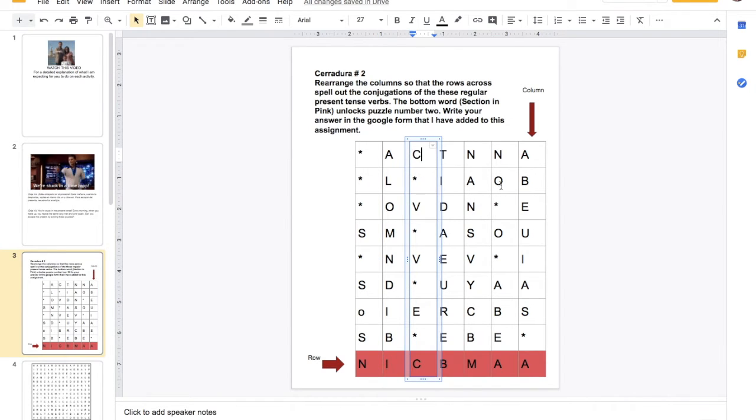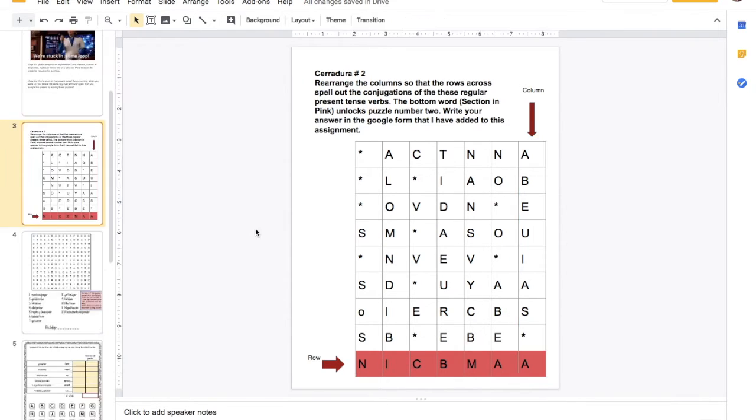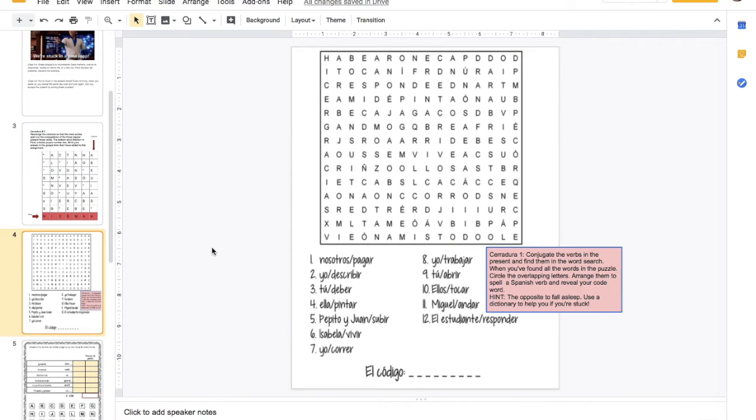And if you have all of these correct, then this one is going to form a certain word in Spanish that's going to be your first answer. So your objective is to decipher what all of these words are. When you get them correctly, this one should tell you a specific word in Spanish. Okay, let's move on to the next one.